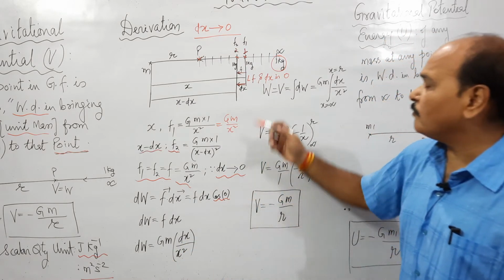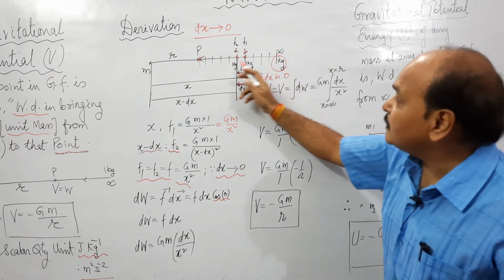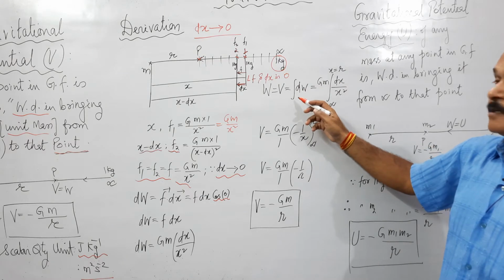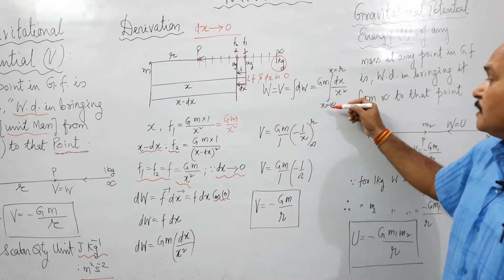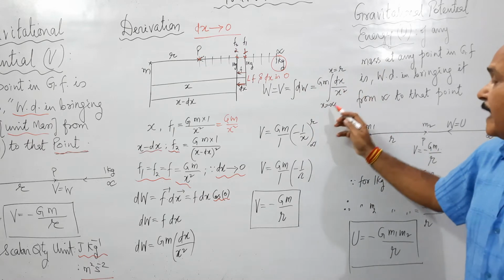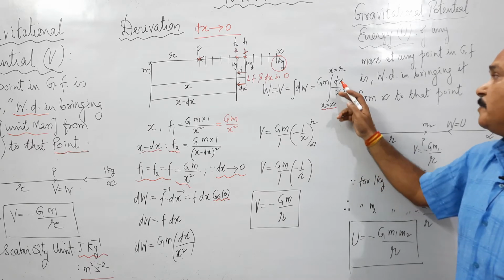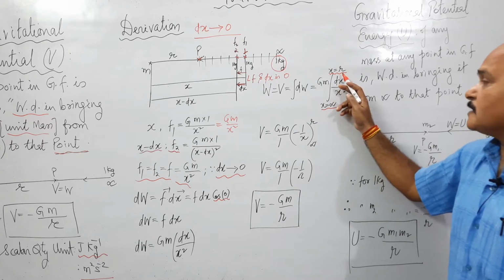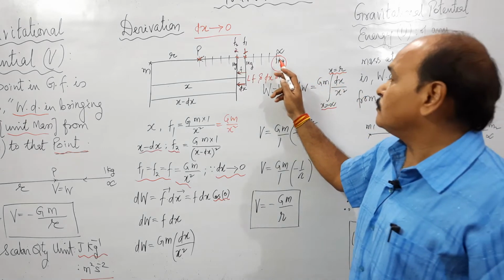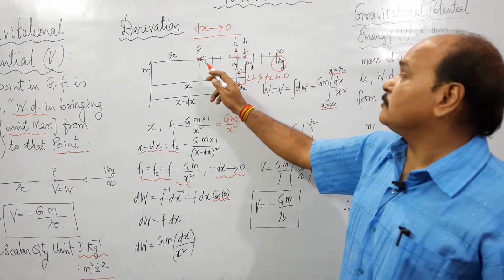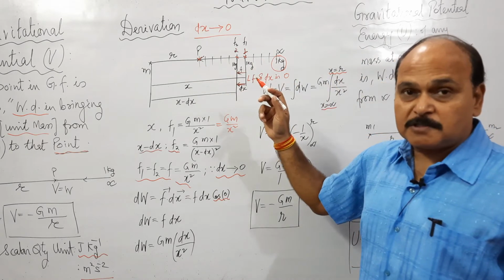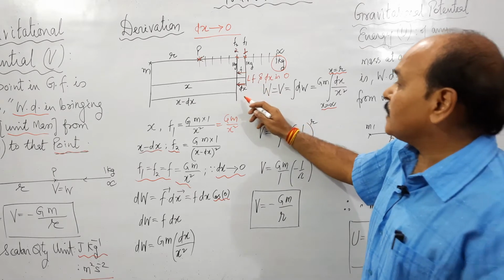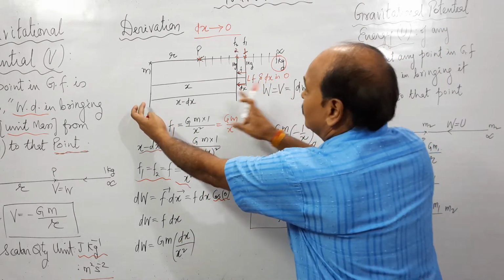Well, to find out the total work done in passing through all these displacements dx, what do we do? We integrate this expression of work done with x from infinity to x equal to r.